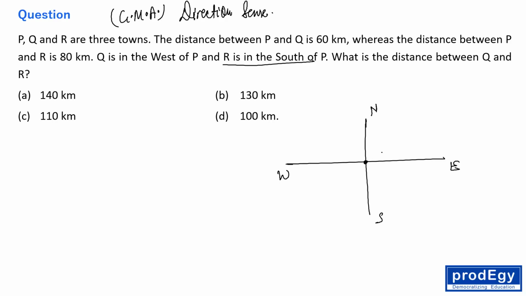Let's say this is P. Q is in the west of P, so this is Q. PQ is 60.